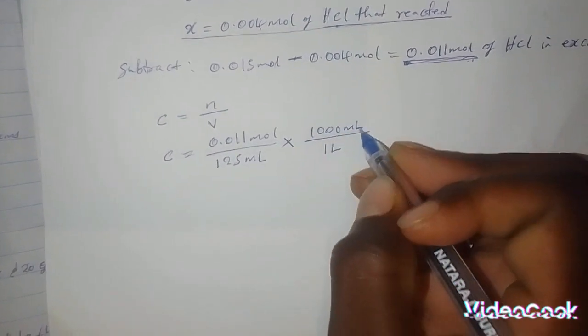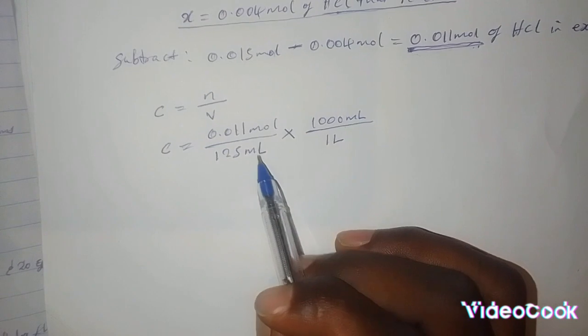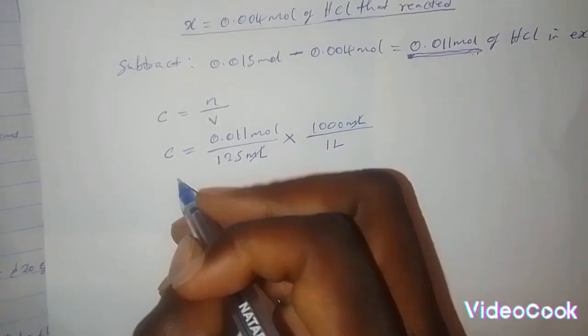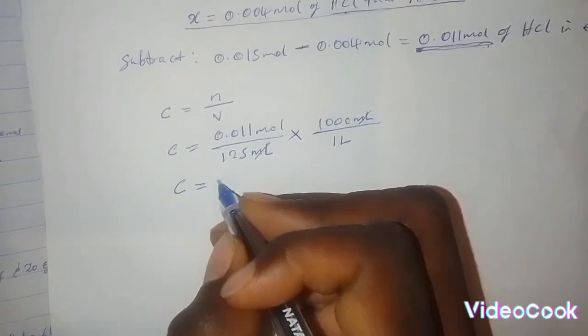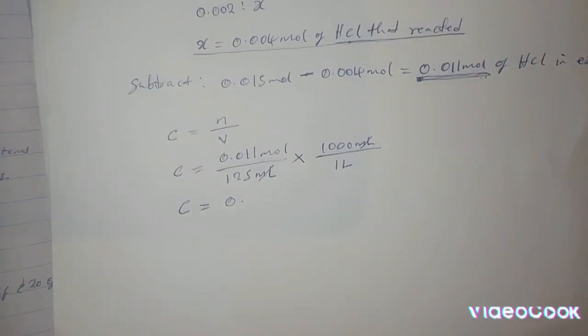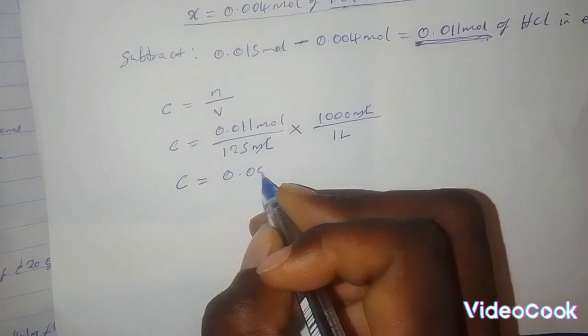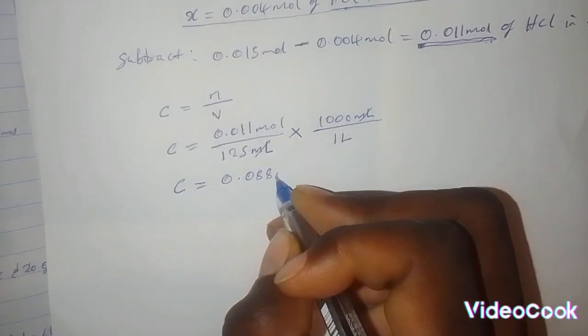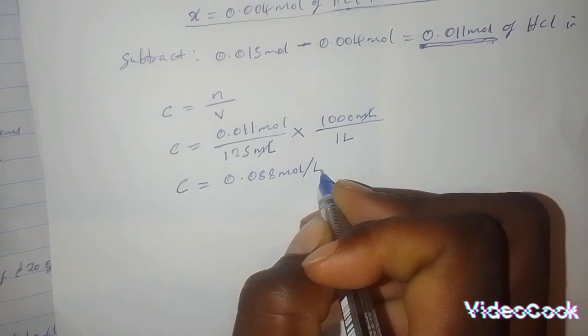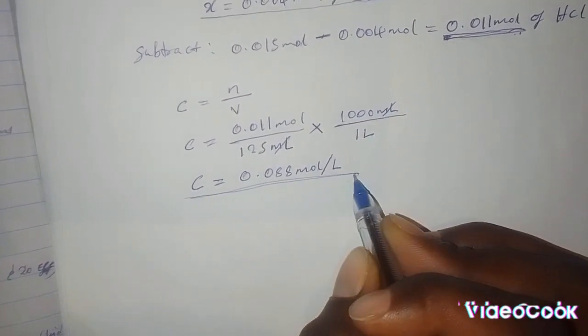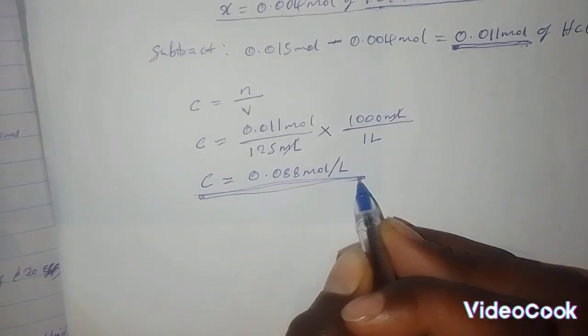So this one is just a conversion factor of mils to liters. So this mil and this mil will go. Then the concentration will be equal to 0.088 mole per liter.